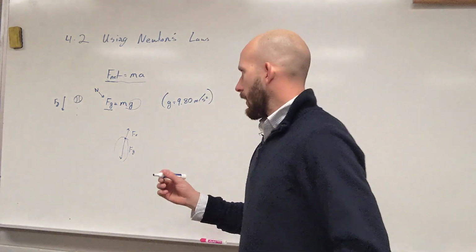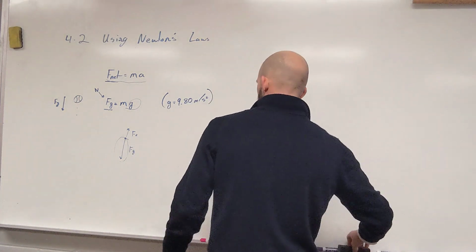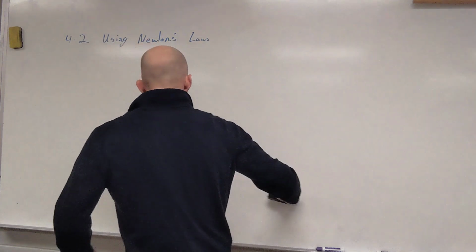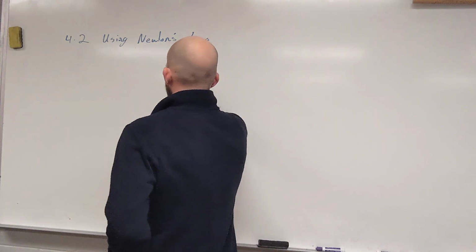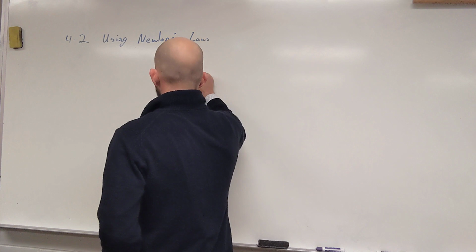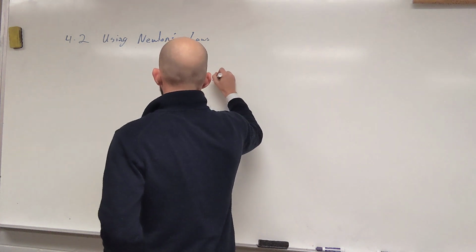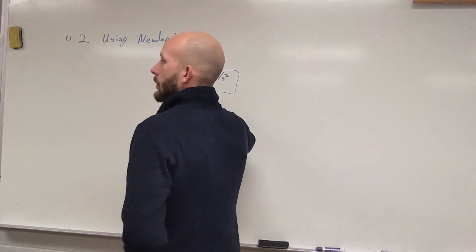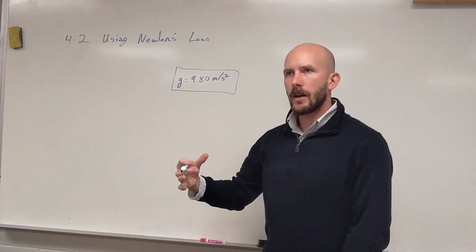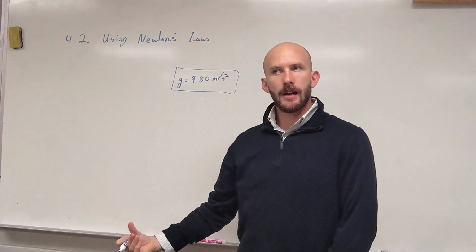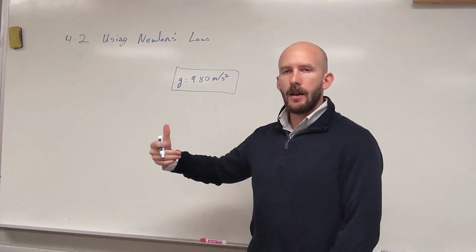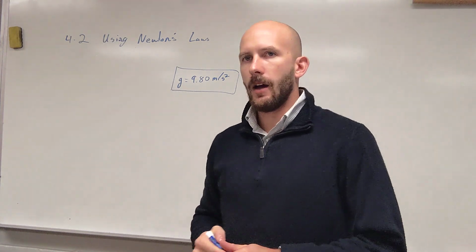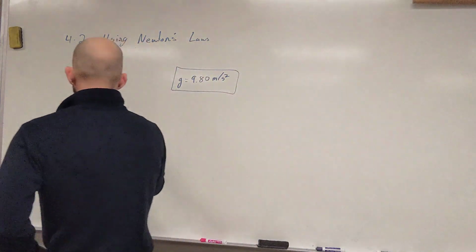We'll do a couple quick examples. We can use that acceleration due to gravity is 9.80 meters per second squared near the surface of Earth, and that is constant even if an object may not experience that acceleration. Just be aware of that.